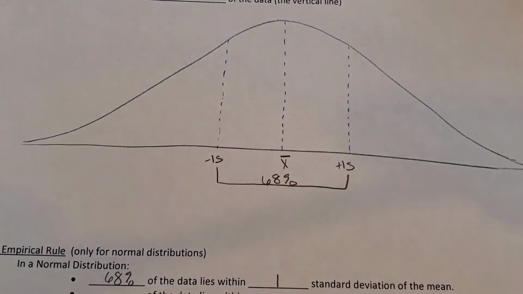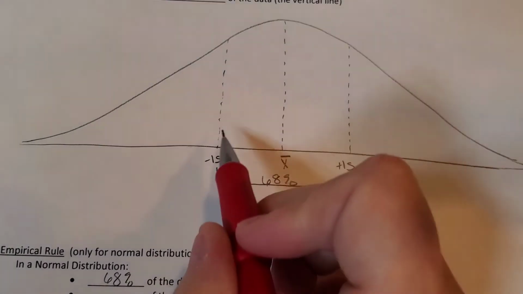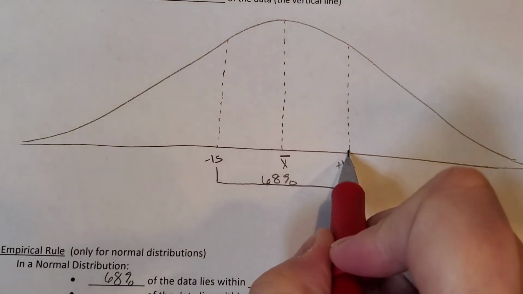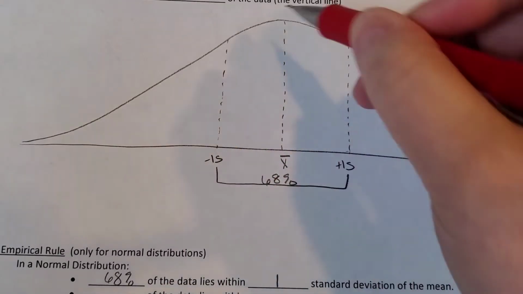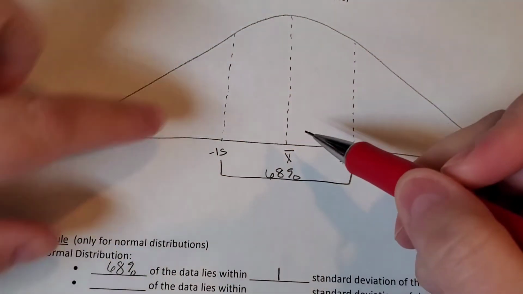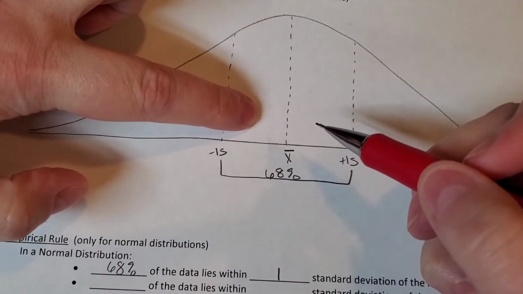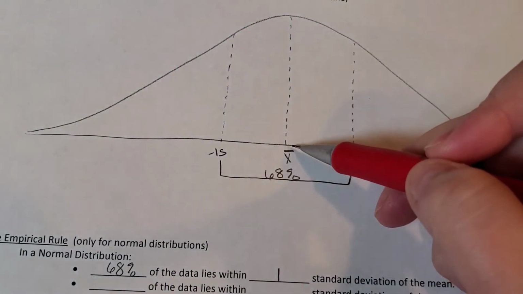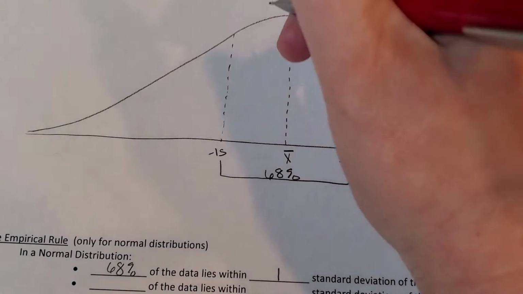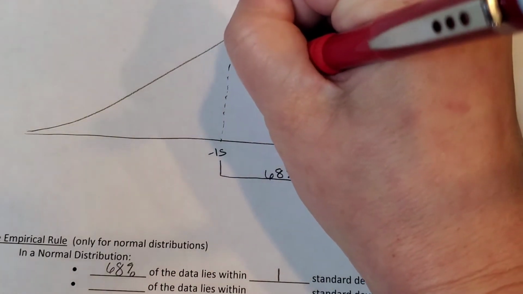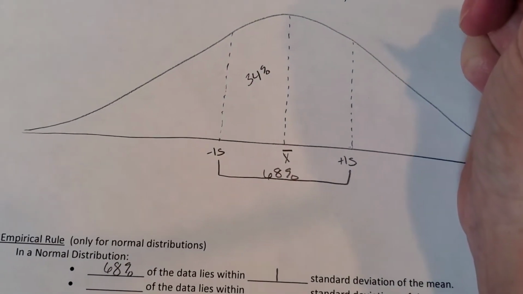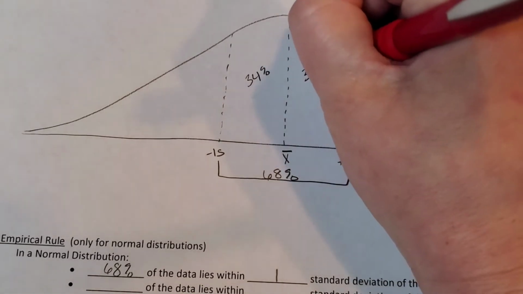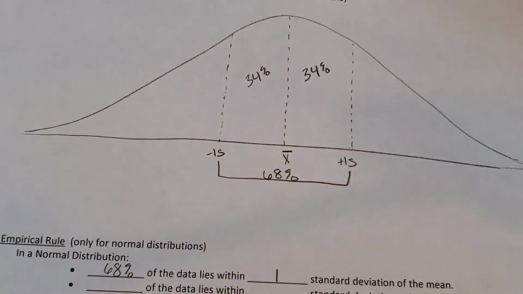Well over half of our data falls within one standard deviation of the mean. If from here to here is 68%, and it's symmetric about this line, then this half is identical to this half. So if the whole thing is 68%, that tells me 34% of my data falls here, and 34% of my data falls here.